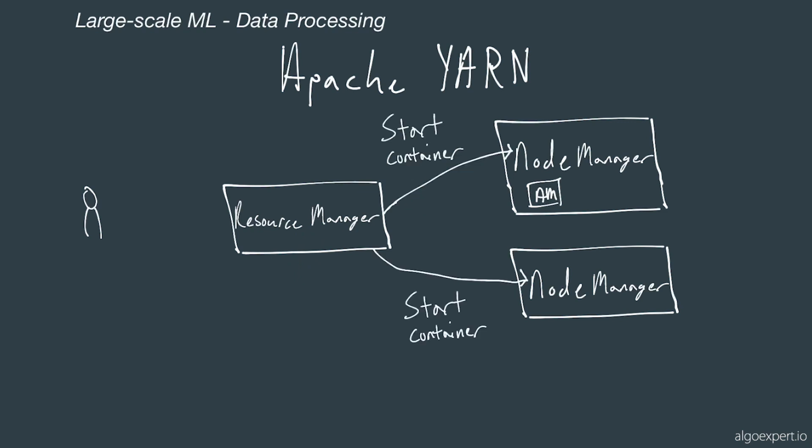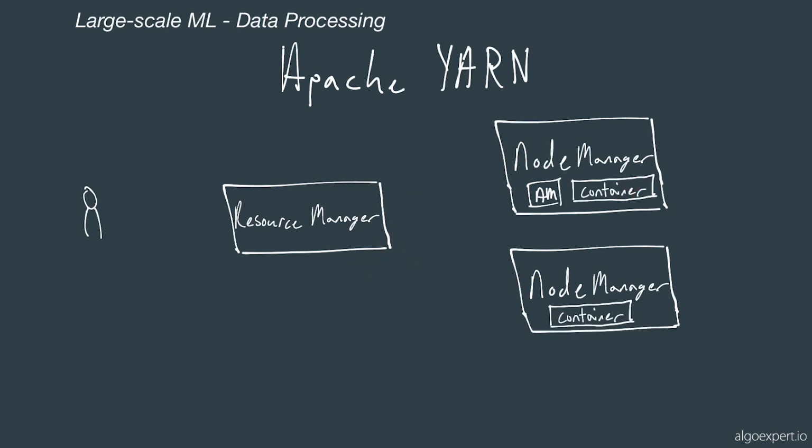The resource manager will look around to all the node managers around and say, this node manager has some resources available for a container, and so does this node manager. It will start those containers up for this application master, and then the containers will actually run the code that the user submitted to the resource manager. The user can periodically check in on the status of a job by contacting the application master.